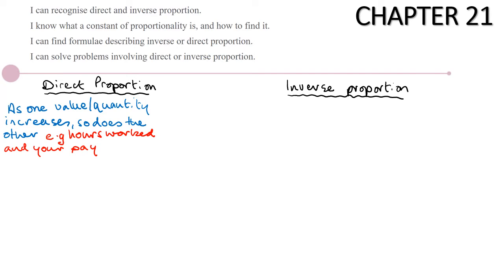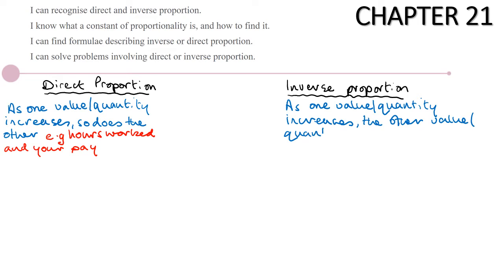With inverse proportion, as one value or quantity increases, what happens with the other one? The other value or quantity decreases. So as one value gets bigger, the other gets smaller. An example of inverse proportion might be if you've got a certain job to complete.